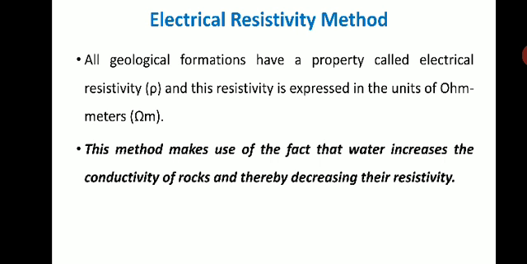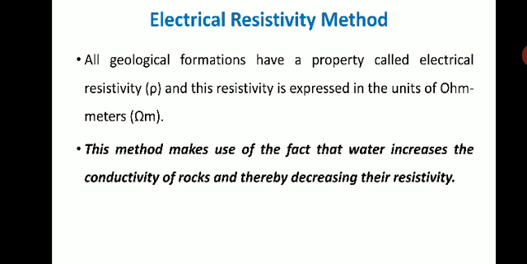This method makes use of the fact that water increases the conductivity of the rock and thereby decreases its resistivity. This is a geophysical method wherein we apply physics. We pass the current into the ground, and if there are water bodies, the water increases the conductivity of the rock.